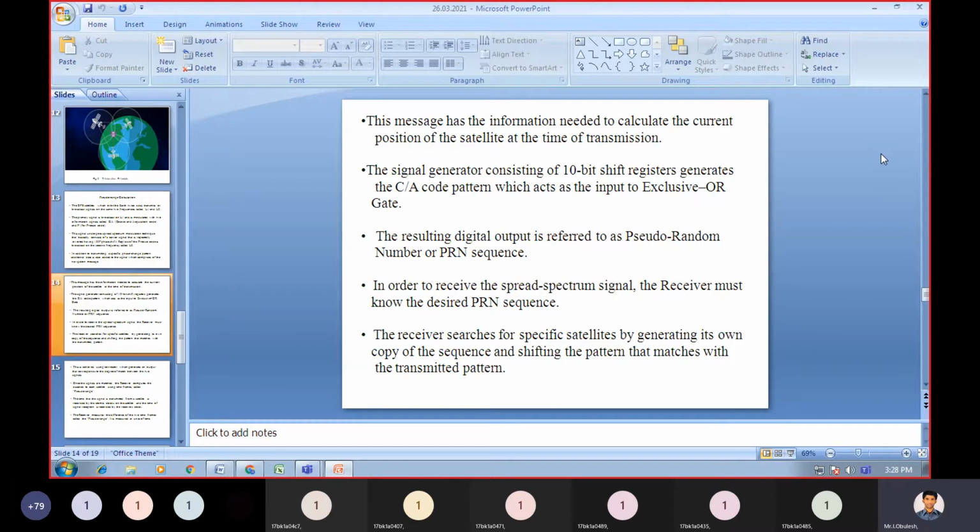The receiver searches for specific satellites by generating its own copy of the sequence and shifting the pattern until it matches the transmitted pattern.